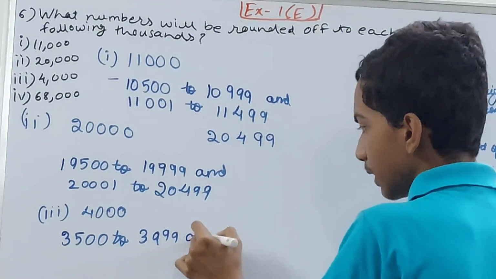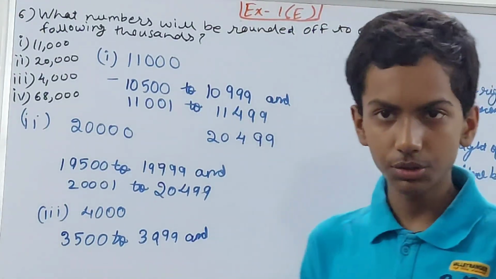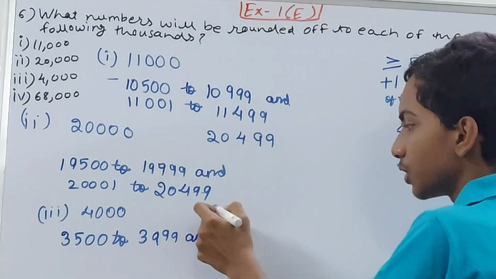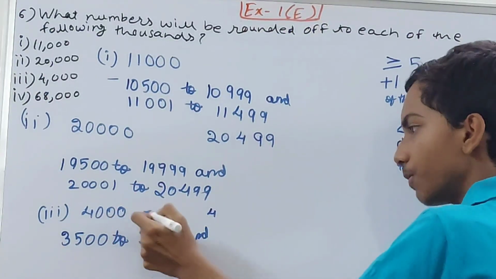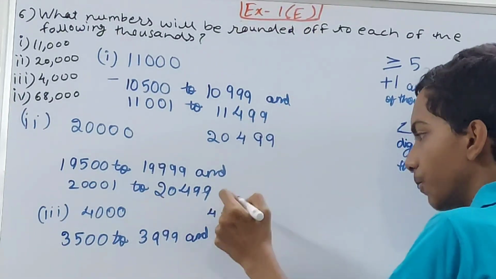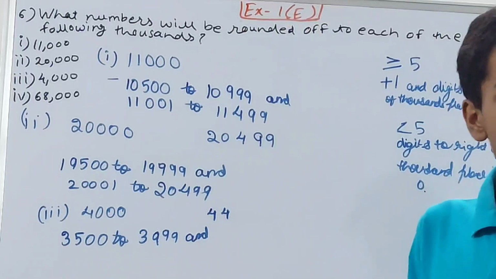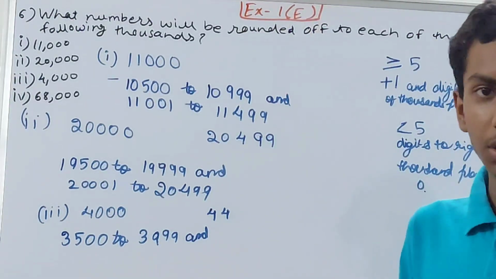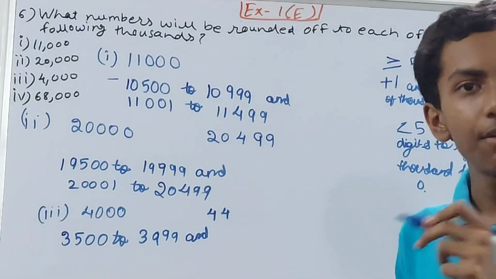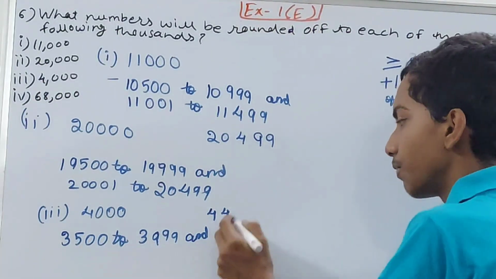And so 4,000, now numbers will be more than 4,000. So 4 will not change, only the digits after 4 will change. So the hundreds place, at maximum it can be 4, right? Why maximum 4? Because if I have 5, then I will get 5,000, which we don't want. And if I have 4, this 4 will never change, only the numbers after will change.